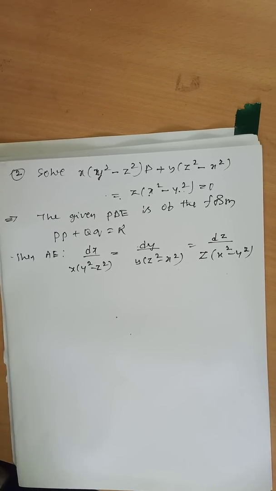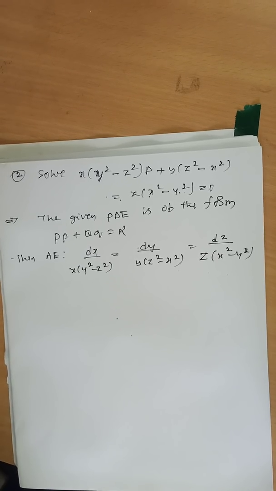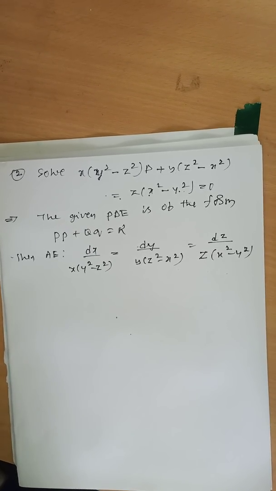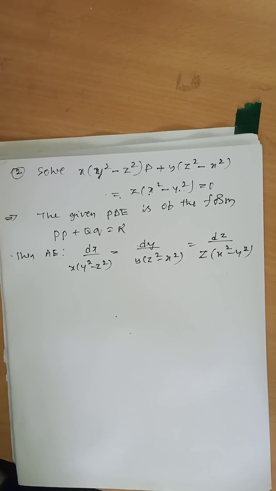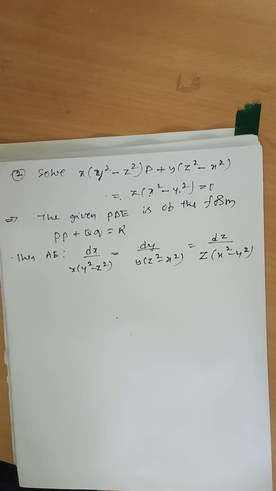See, I already told every problem you choose the multiplier twice. Why do we choose multiplier twice? Because the solution is in the form of phi of u comma v equal to 0. If first we choose multipliers, you will get the solution with respect to u, and again we choose the multipliers, we get with respect to v. So after we got u and v, you construct the solution in the form of phi of u comma v equal to 0.